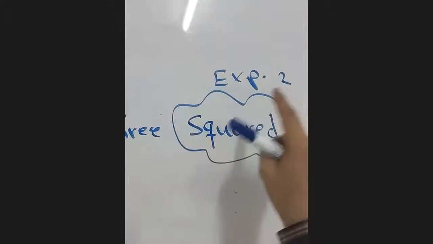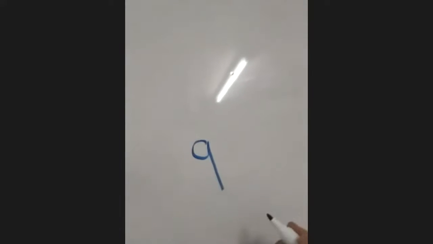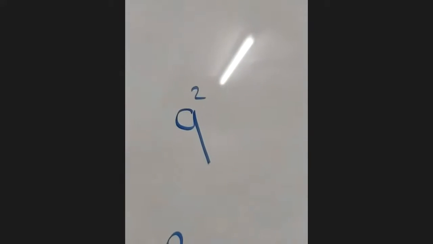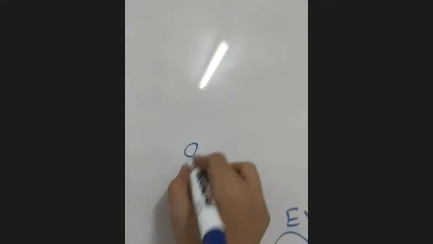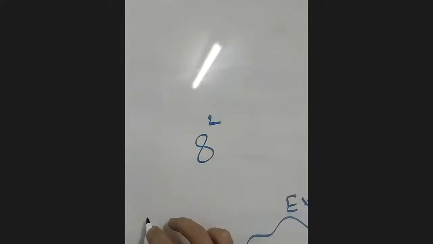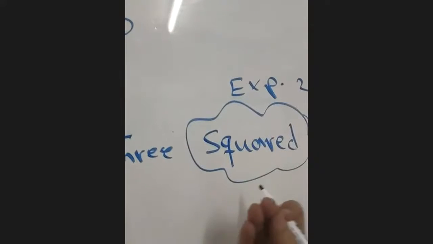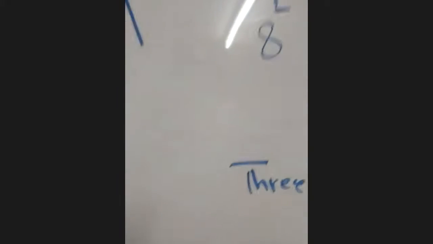Squared means exponent 2. But if I want 9 squared, 9 squared means power 2. 8 squared means power 2. So squared is a special name for the exponent 2 only.